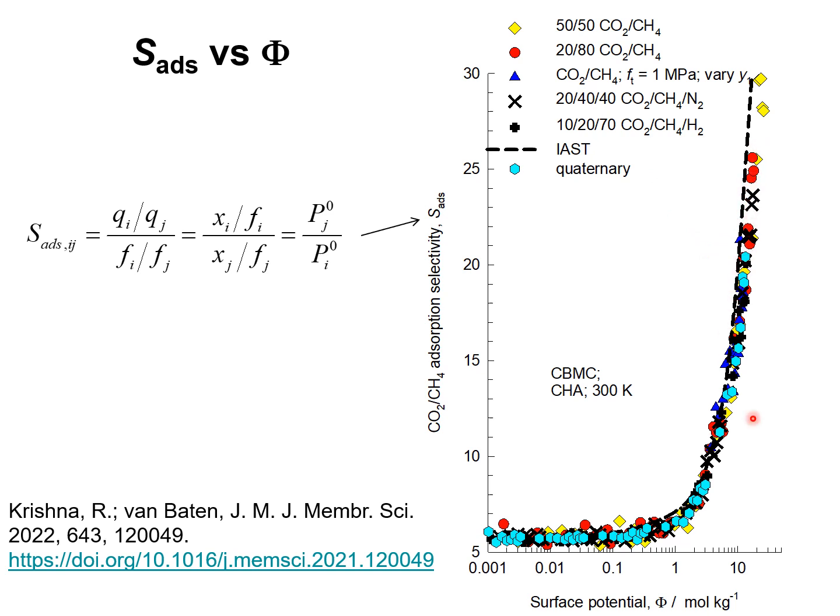The crosses represent ternary mixtures of CO2, methane, and nitrogen in the proportion 20-40-40. The pluses represent ternary mixtures of CO2, methane, and hydrogen in the proportion 10-20-70. And the cyan-colored hexagons represent data for a quaternary mixture of CO2, CH4, nitrogen, and hydrogen.